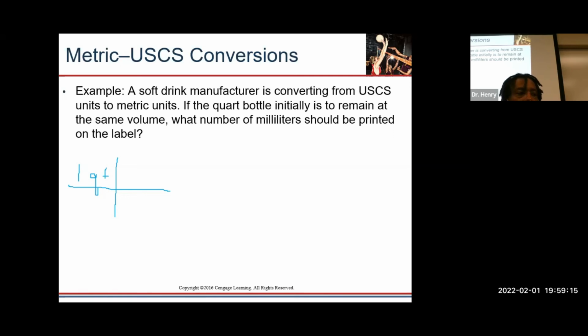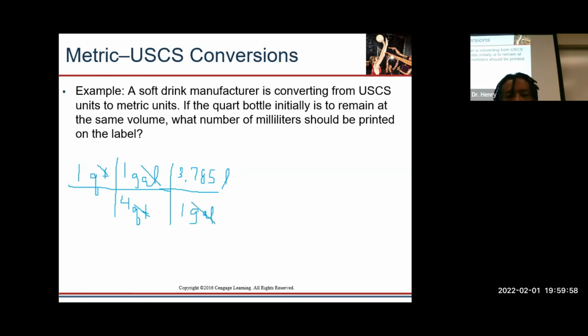So what are some of my units that I can use? So we could go 1 gallon, 4 quarts. So that changes my quarts to gallons. What else can I use? So 3.785 liters equals 1 gallon.